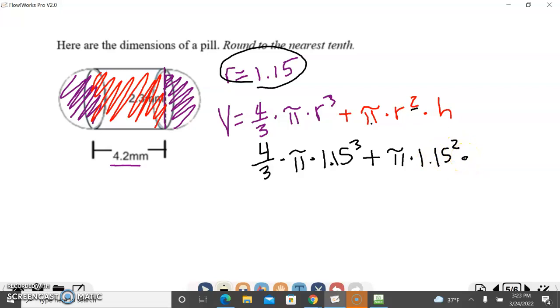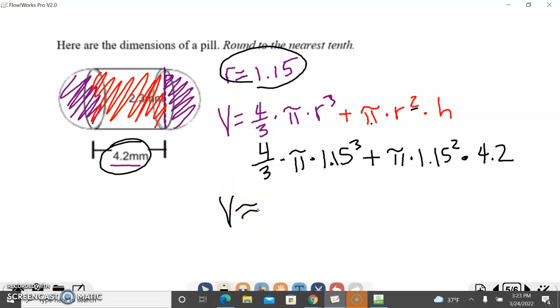Remember we said our height was over here. This was our height, 4.2. So this is what we're going to multiply out to find our volume of our pill here.